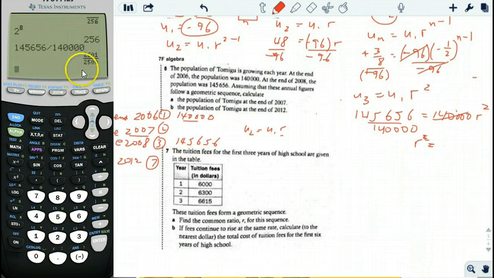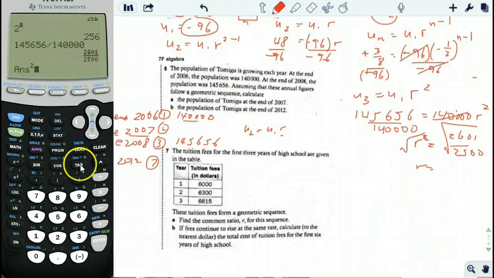We still have it in fraction mode, so it gives us this nice fraction. R squared equals 2601 over 2500. But r is the square root of that. So we take the square root of both sides.